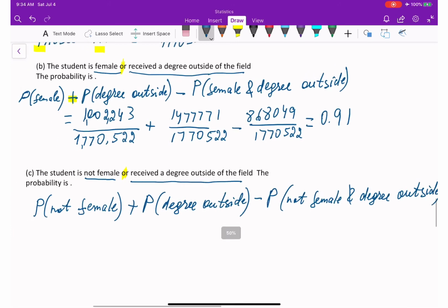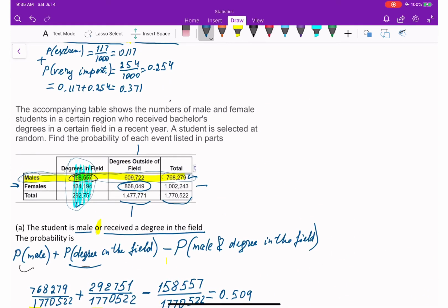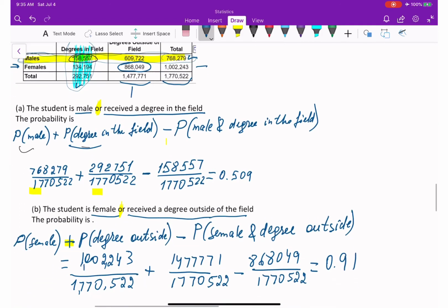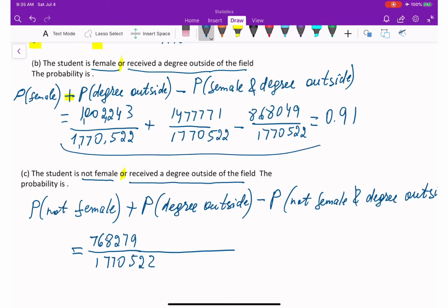Okay, this is gonna be equal. If it's not female, so it's gonna be male, which is gonna be 768,279 over 1770522. You know what? I'm going to combine with a common denominator, because the denominator is going to be the same, just like here. So to add and subtract when the denominator is the same, you can put one denominator.